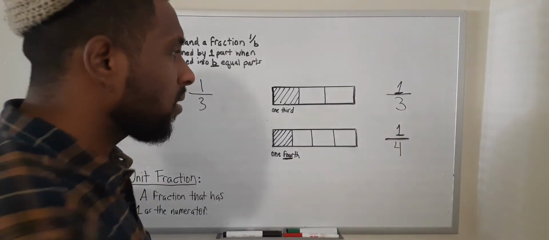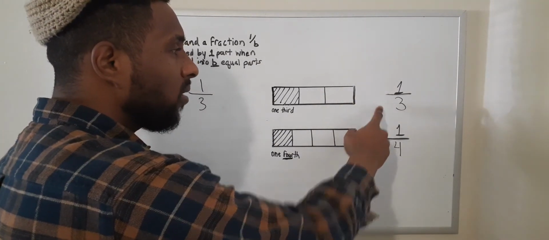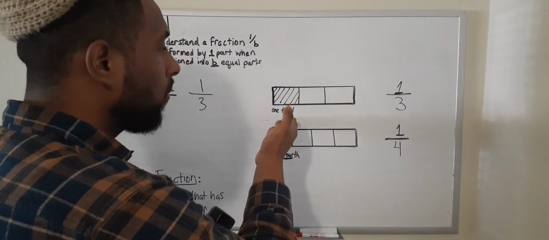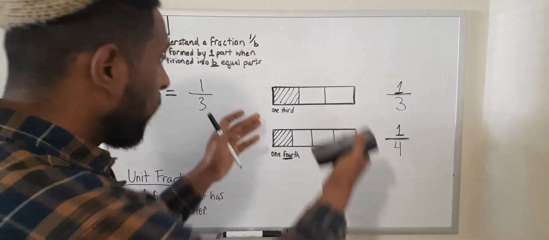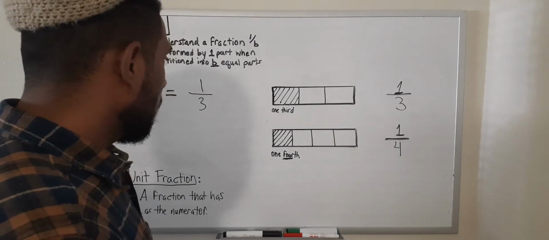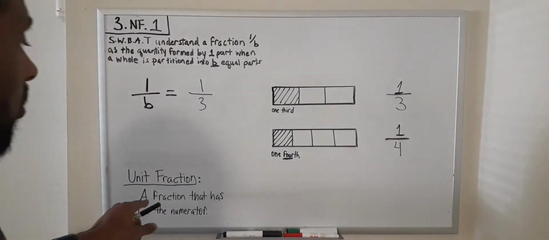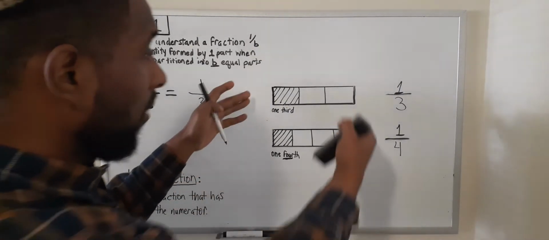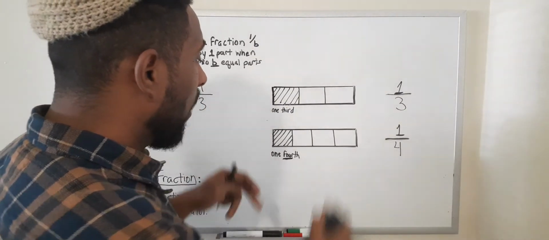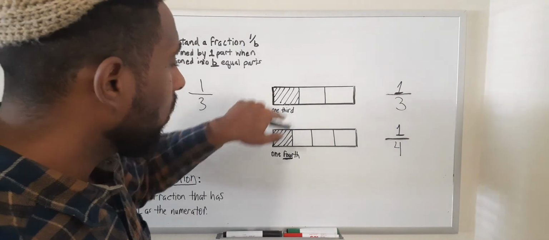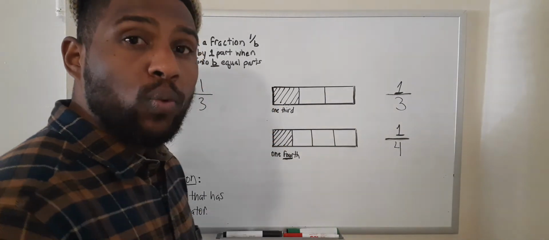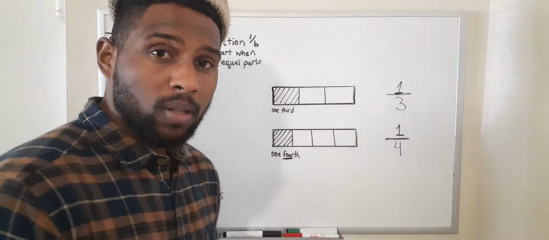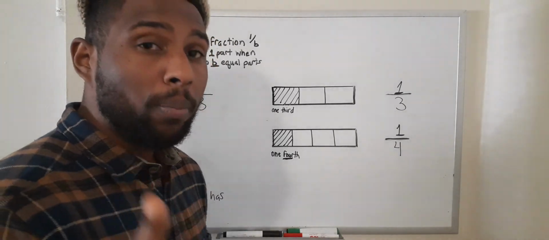We place digits. One is the numerator, one is the denominator, to show the value of 1 unit in our models. And a unit fraction is a fraction that has 1 as the numerator. So always remember, if you are looking at a shape and you have a model and you have 1 part that is shaded, we can write that as a unit fraction. A unit telling us the value of 1 part.